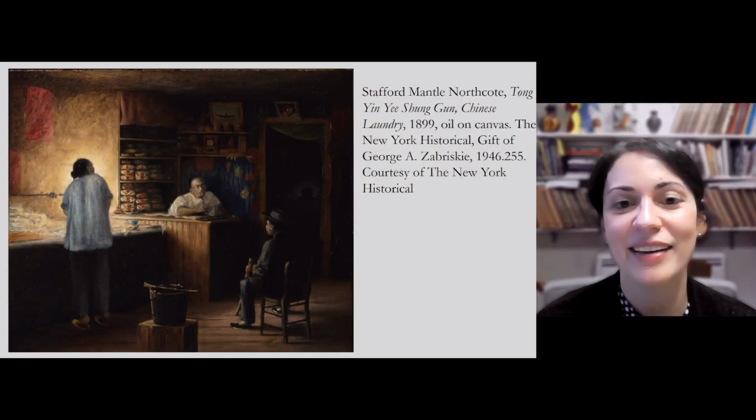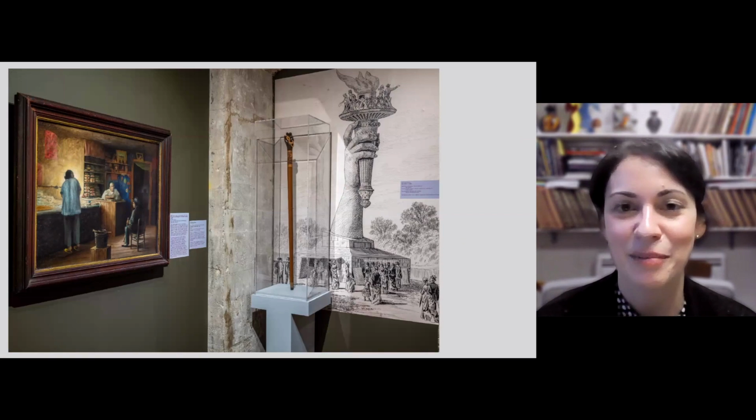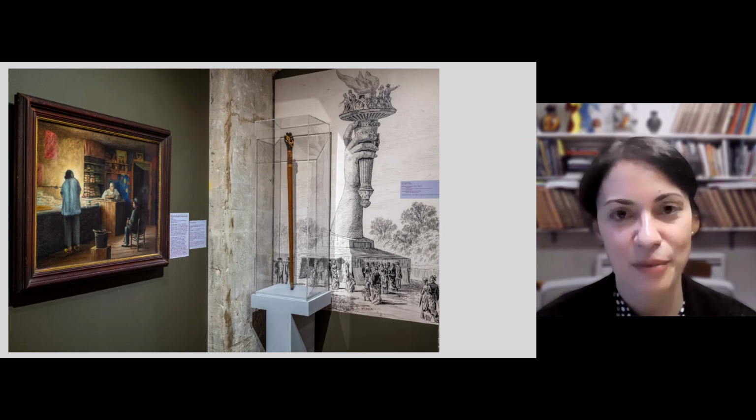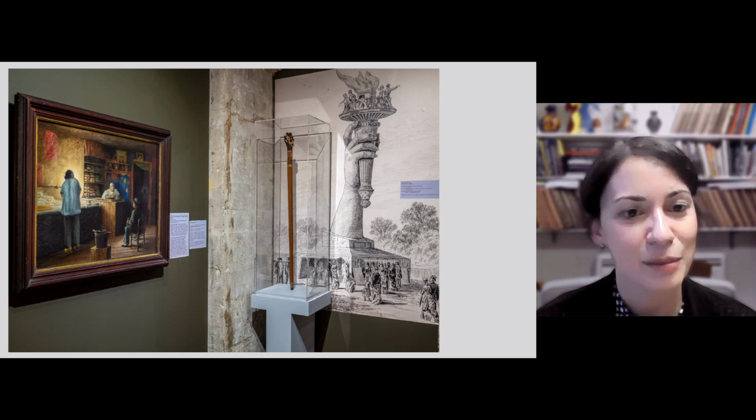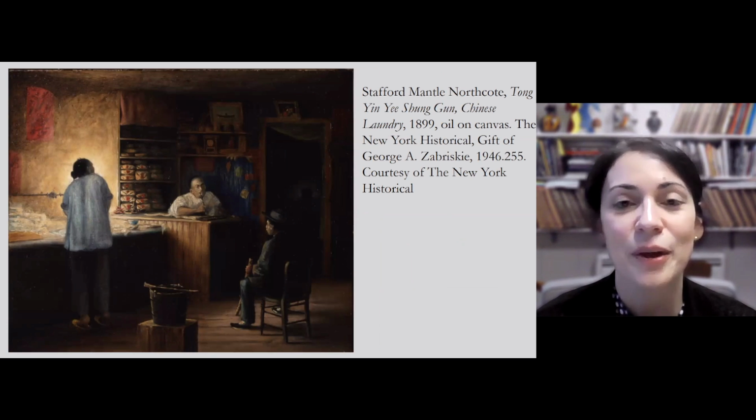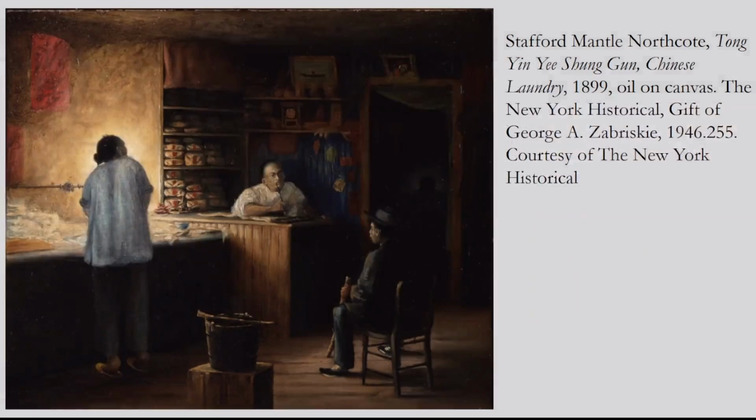Now, I set up the slideshow in this way for a reason, because something I realized as I was putting it together just yesterday, I was looking at this installation shot, which is from our galleries here at Fairfield, and I'm looking at the painting, and then I'm looking at this image, which happened to be the reference image that had been sent by New York Historical in advance of the show. And I realized, these are actually pretty different.